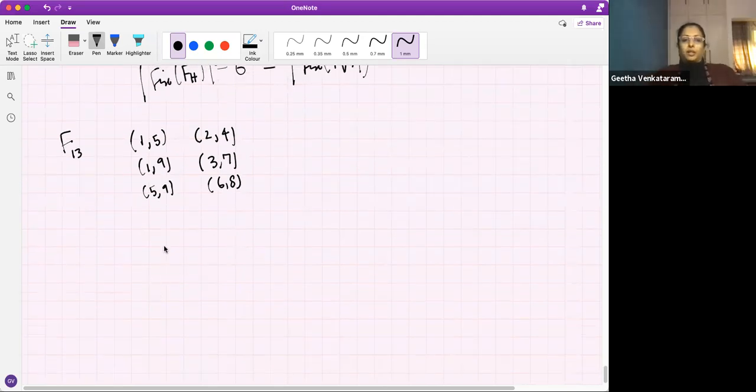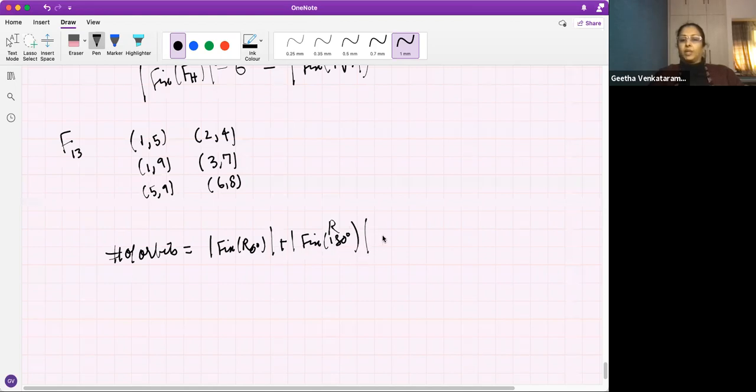So if I total this, the number of orbits is going to be equal to the order of fix of 0 degree plus fix of 180 degree. 90 and 270 I'm leaving because we know those are zeros. And I know all the 4 reflections have 6 elements in their fix.